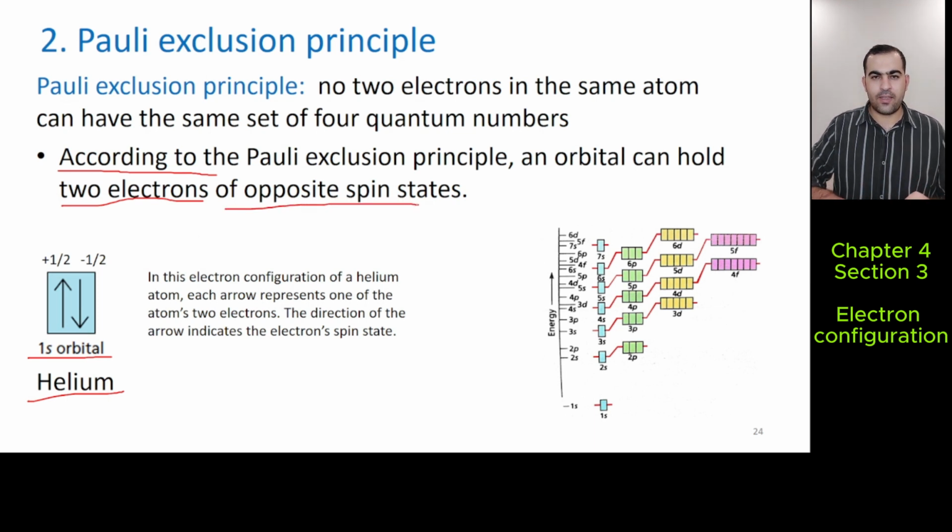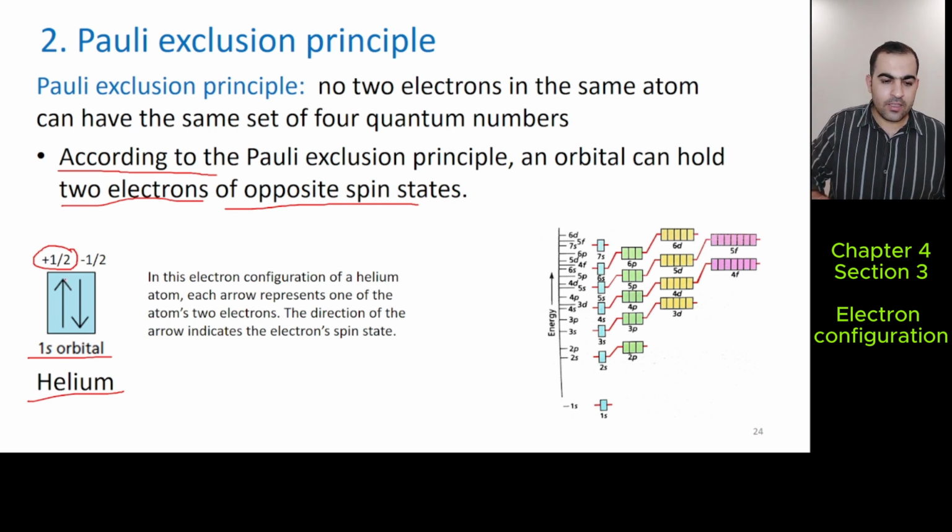Opposite spin states. It means the way they spin around the nucleus is different. One of them clockwise, the other anti-clockwise. Positive 1/2 represents an electron that spins clockwise.